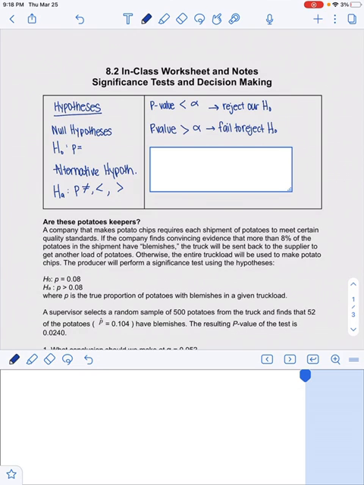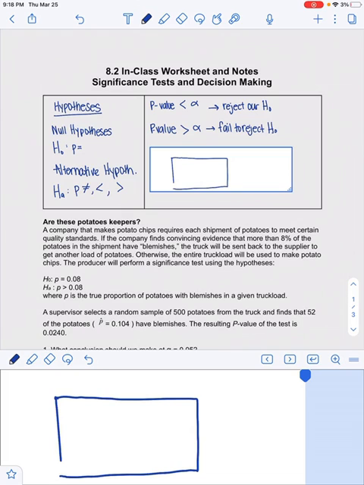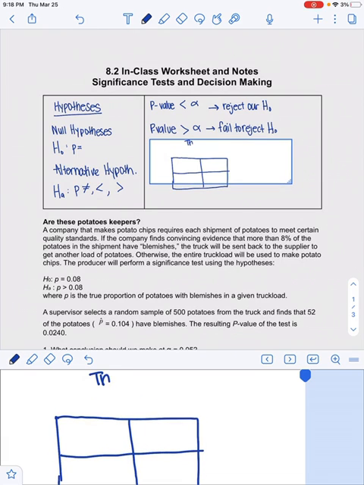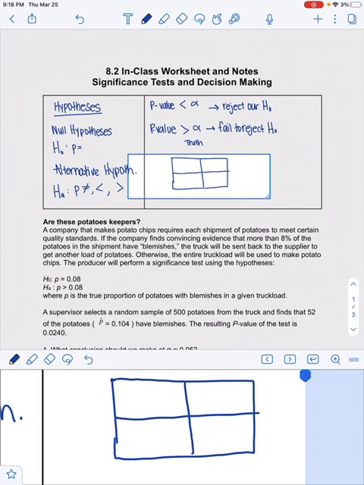I'm about to make for you. All right. So we'll call this truth, and then we'll call this side our decision.